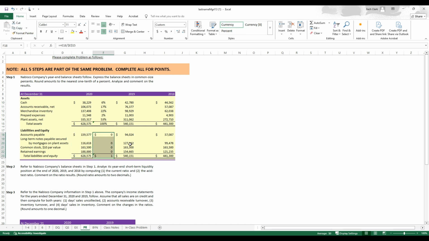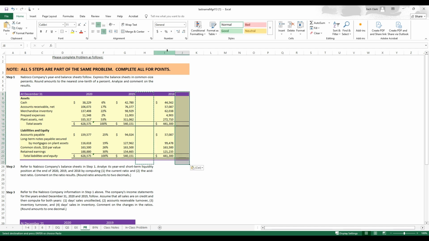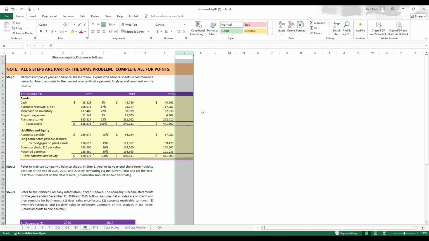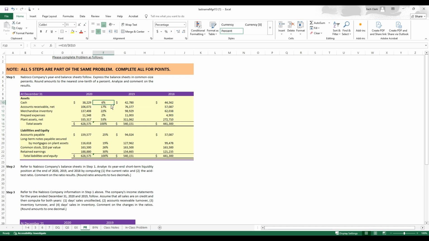And just to make our Excel look really nice and clean. Okay. And then we will want one more spot there. And then, let's go ahead and do those two.